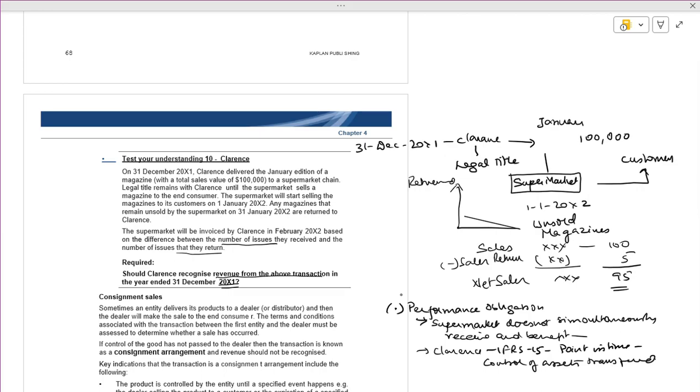Now you see the thing. The supermarket has physical possession of the magazines. That means the control has been passed. Also, Clarence will invoice the supermarket.